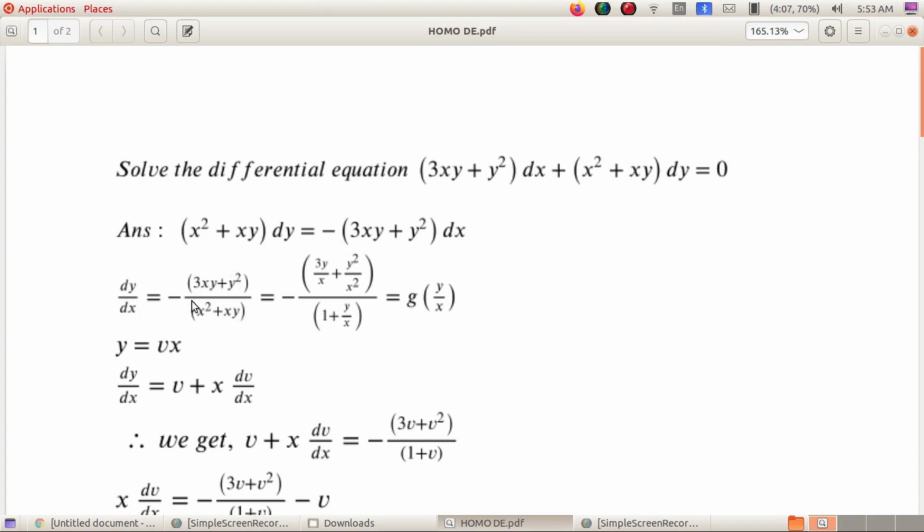Now divide all terms by x square, we get 3y by x plus y square by x square, divided by x square by x square is 1, xy by x square is y by x. Now this is of the form a function of y by x, that is g of y by x, or a homogeneous function of degree 0.